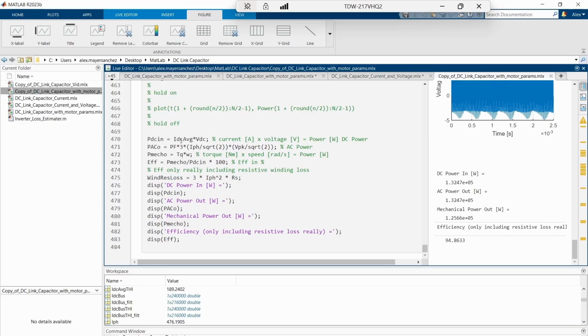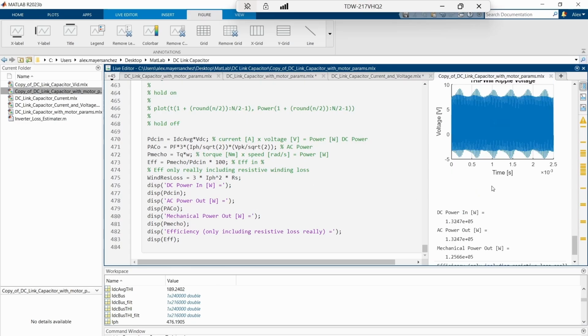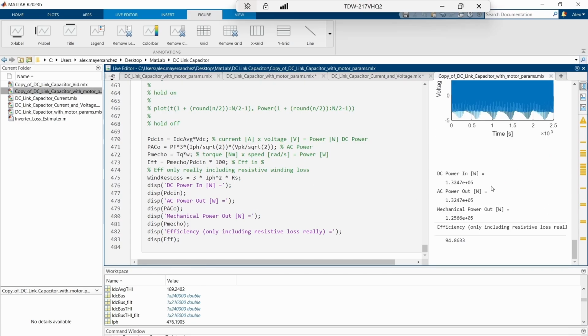So the DC power in is just the DC average we calculated from the instantaneous current, multiplied by the DC voltage, and then the AC power out is just the power factor times 3 times RMS phase current times RMS voltage, and we get exactly the same number as the DC power in, because obviously in this model I could account for the losses in the DC link caps, but honestly it's pretty marginal in this example.